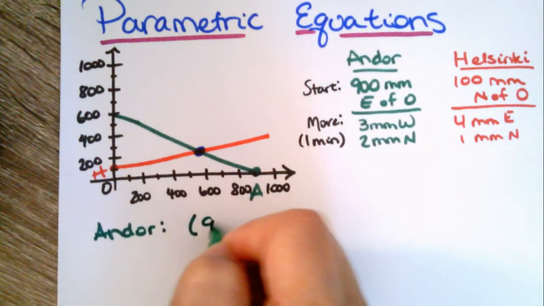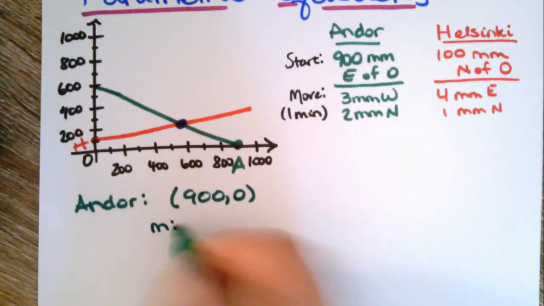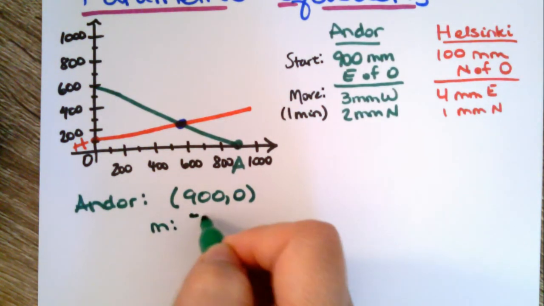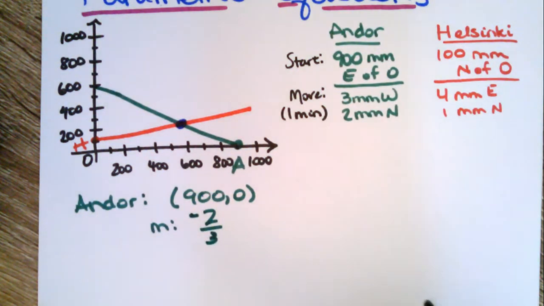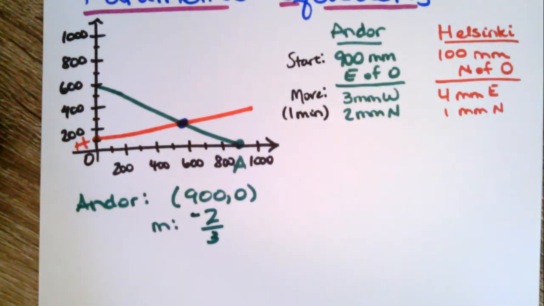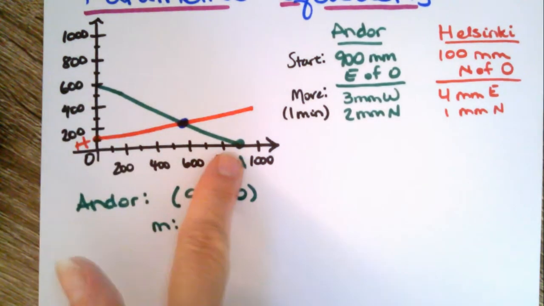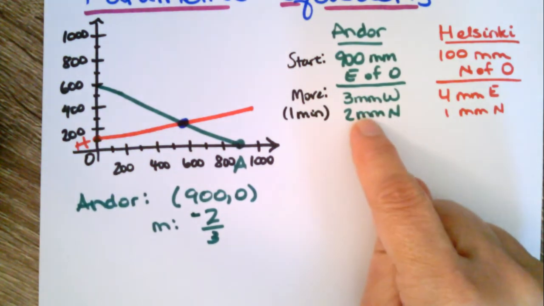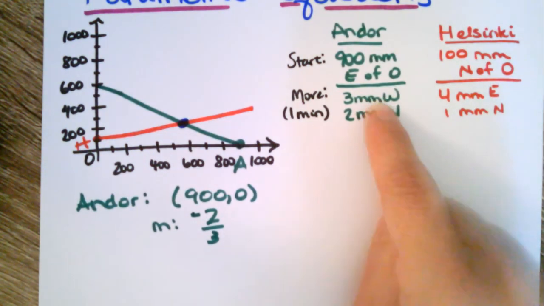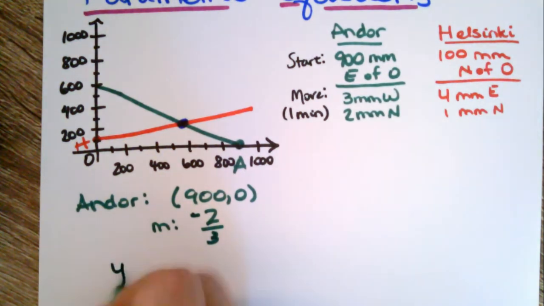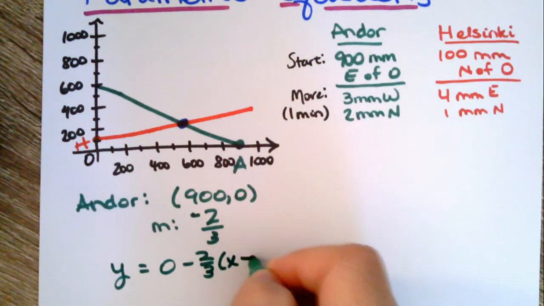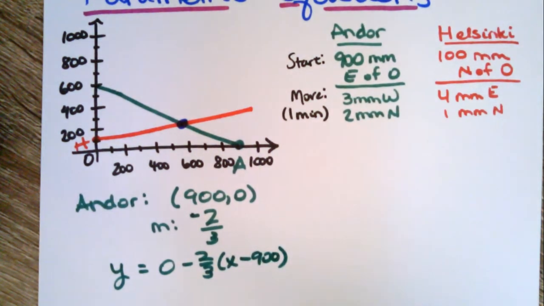We have the point 900, 0, where it's starting, and we have a slope of -2/3, because our path there does have a negative slope. I'm getting the slope from our movement here where it's going up 2 and over 3. And so that would give me the equation y is equal to 0 minus 2/3 times x minus 900.